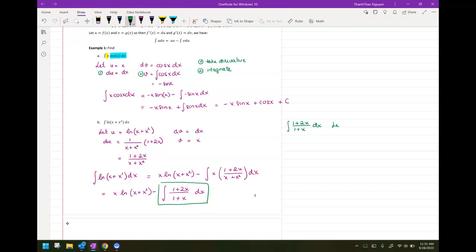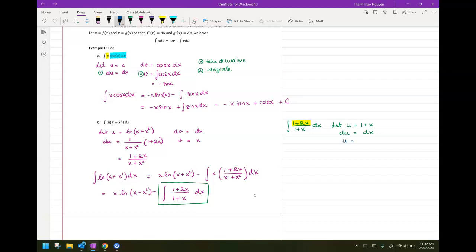I can let u equal 1 plus x. This means du equals dx. Now, note that on the numerator of the integral, I have 1 plus 2x. So I need to figure out how to represent 1 plus 2x in terms of u. I'll solve for x in the u substitution.